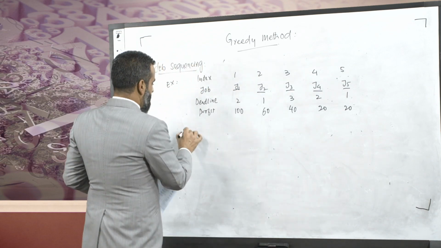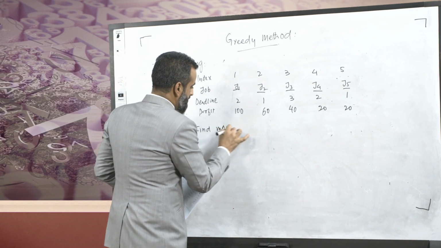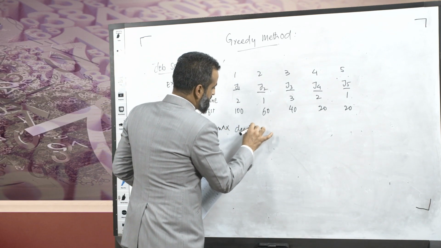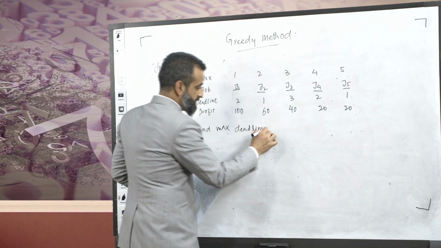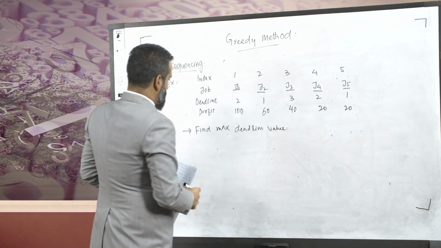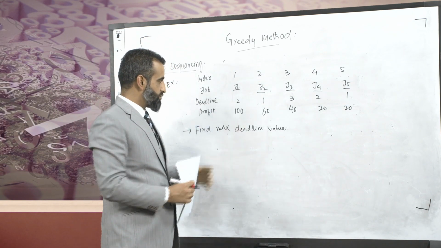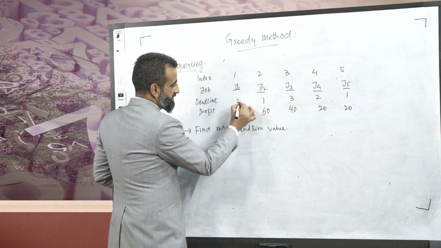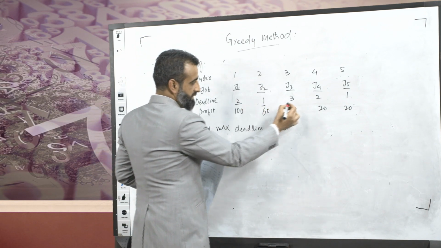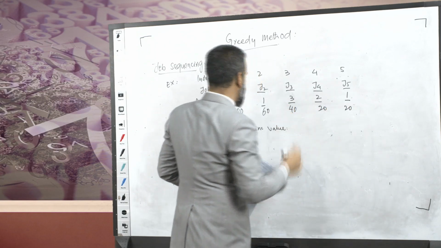Next, I need to find the maximum deadline value. If I check the deadline values associated with the different jobs, they are 2, 1, 3, 2 and 1.